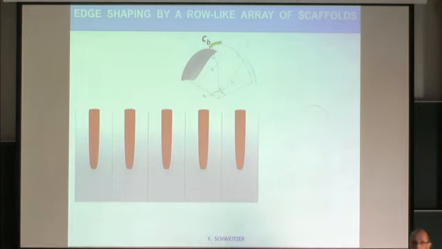This is the first step towards justification of the model. Second, based on this result, we assumed that we have a linear array. I must confess that we didn't perform this analysis for many scaffolds. We did it only for 2 scaffolds, and we know that these interactions are not additive.